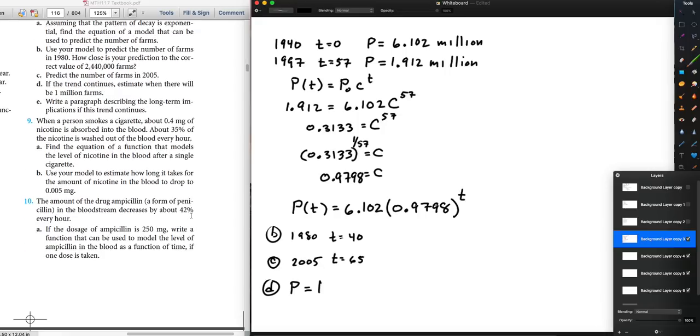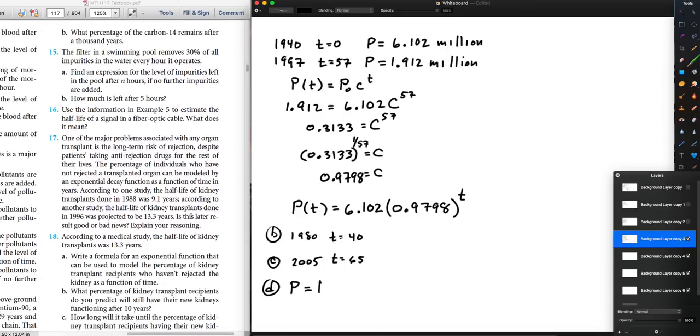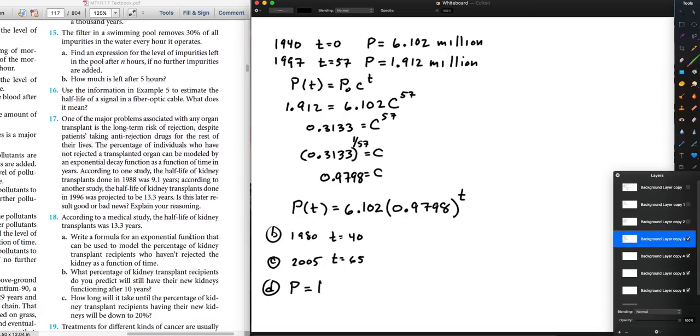Number 17. I don't actually need to write anything down. I can just explain this one. It comes down to understanding what half-life is. One of the major problems associated with any organ transplant is a long-term risk of rejection despite the patient taking anti-rejection drugs for the rest of their lives.